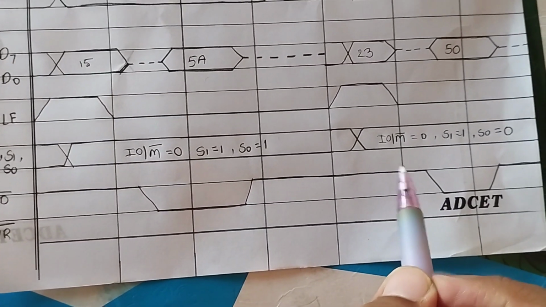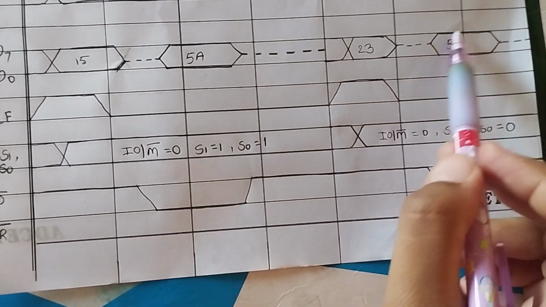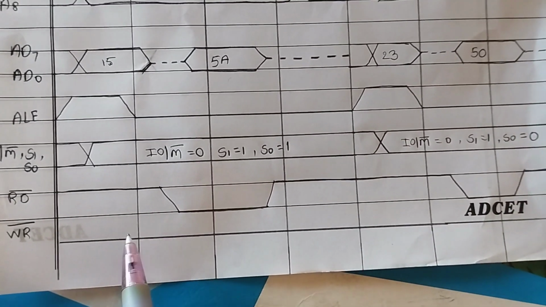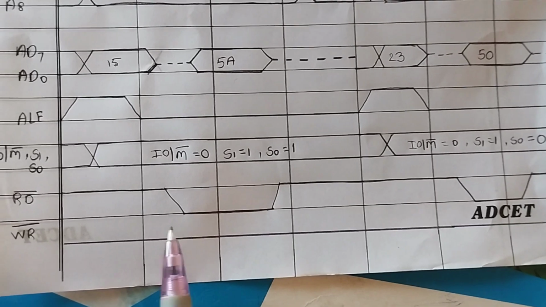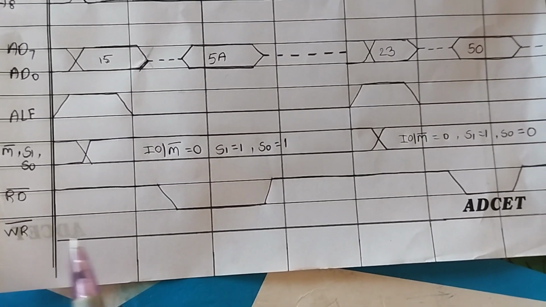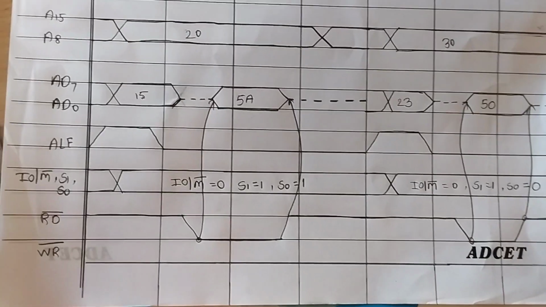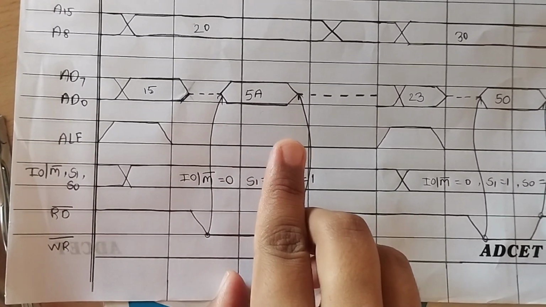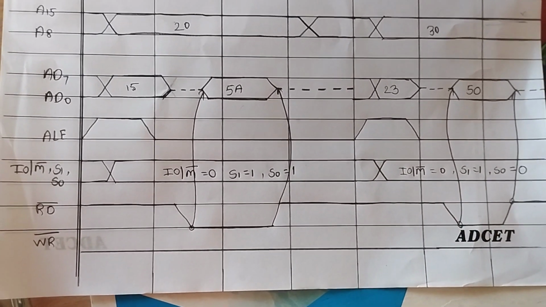The next time in the read operation it again goes low and reads our data, and again it goes high. That time we do not write any data into the memory or the register, so our write bar is high for the whole machine cycle. Here we now indicate the arrows for our read operations, and our timing diagram is ready.